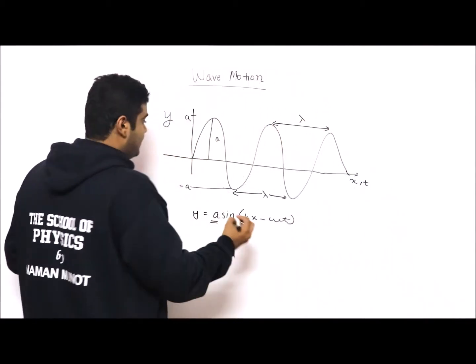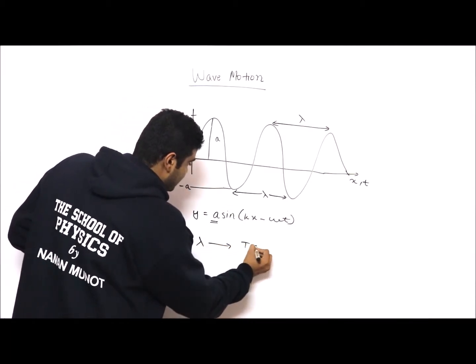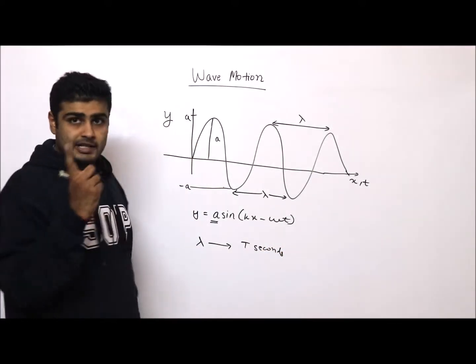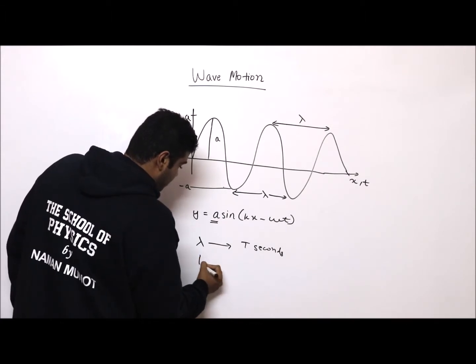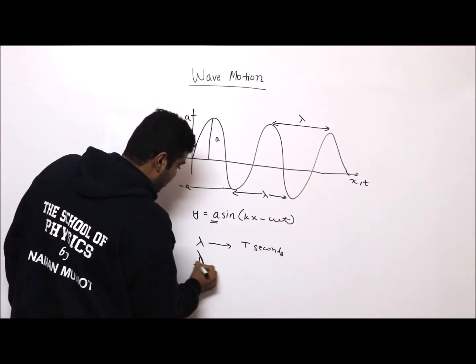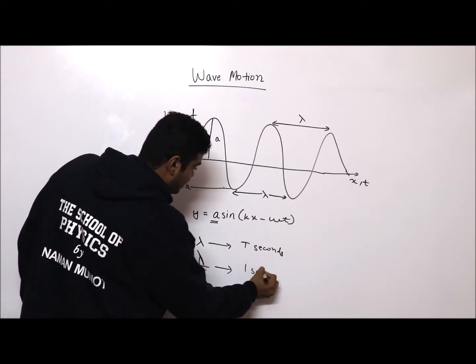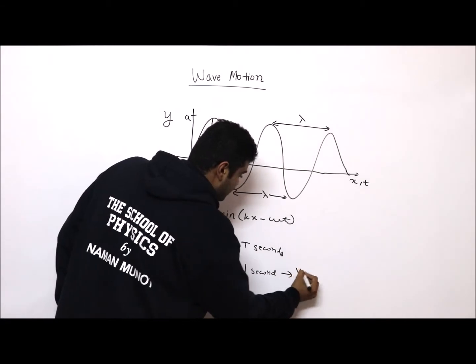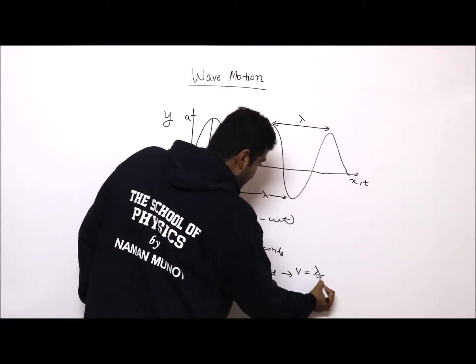So lambda distance is traveled in T seconds. So in 1 second, lambda upon T is the distance traveled, and we know the distance traveled in 1 second is called the velocity. So wave velocity is equal to lambda by T.